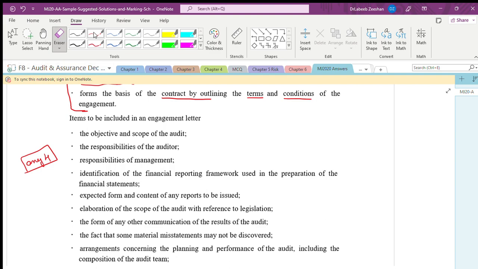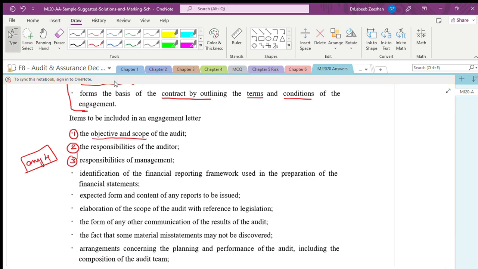What they are saying is, what are the things we have to include. What is the objective and scope, both should go together, is it right? Both should get the objective and the scope of audit. Responsibilities of the auditor, responsibilities of the management, is it right?